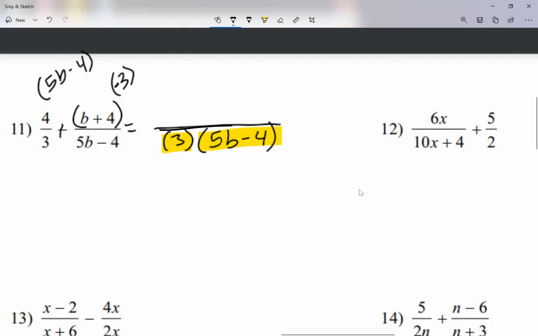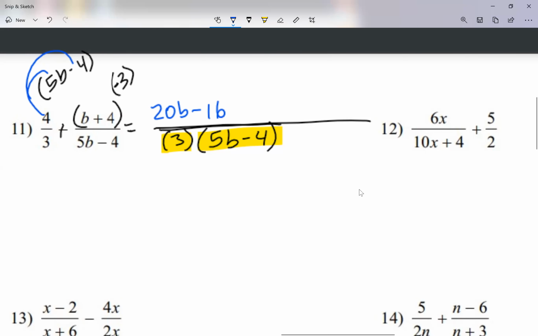Now, let me emphasize that my fraction is going to be long. So on the top, it's going to be a lot, okay? What I'm going to do now, let me get rid of parentheses. The first fraction, let me distribute the 4. So 4 times 5b, that gives me 20b. And then 4 times a -4, that gives me a -16. Except I'm getting rid of parentheses on the top of my fraction.